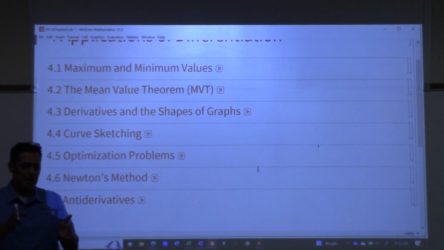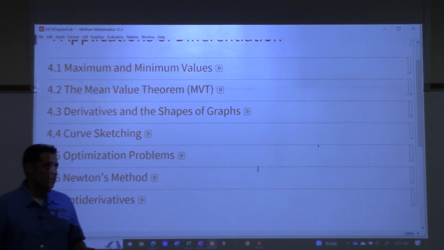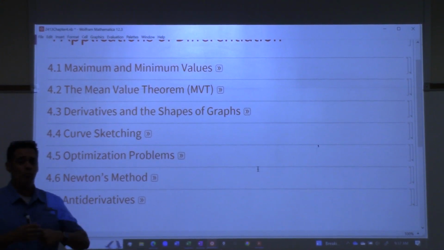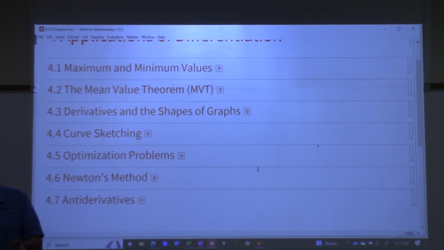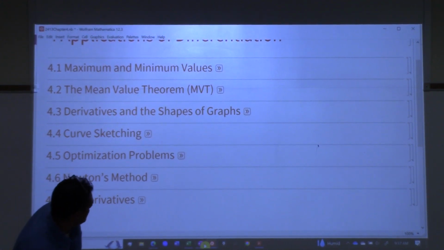We are going to start to be at a point where we are going to transition into Calculus 2, and what we're going to be talking about is antiderivatives. So Cal 2 is referred to as integral calculus. Integral, we haven't even talked about what that word means, but it's basically the opposite of a derivative. So differentiation, differential calculus is Cal 1. Integral calculus or antiderivatives is Cal 2. All right?